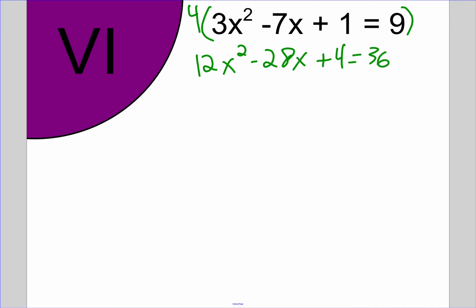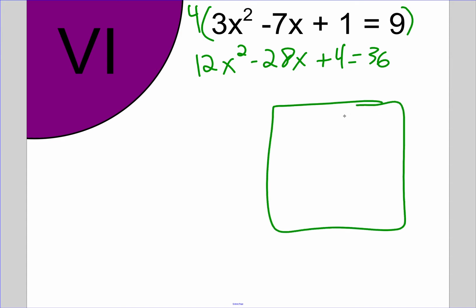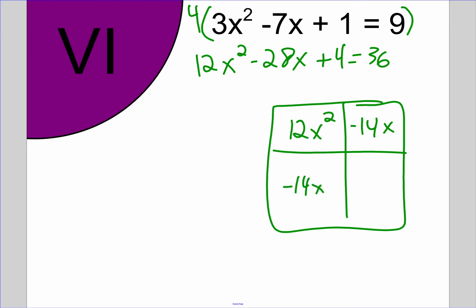Now, if you've been watching the videos, you know this isn't going to work, because that leading term, 12x squared, is not a perfect square. If we try to use the symmetry here, the negative 28x is not a problem. We could still split that into negative 14x and negative 14x, but the 12 is not a perfect square, and so, boom, it doesn't help.